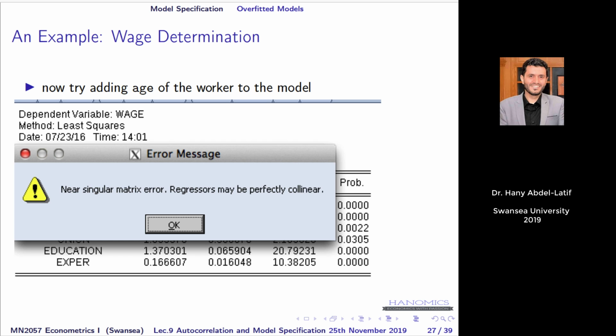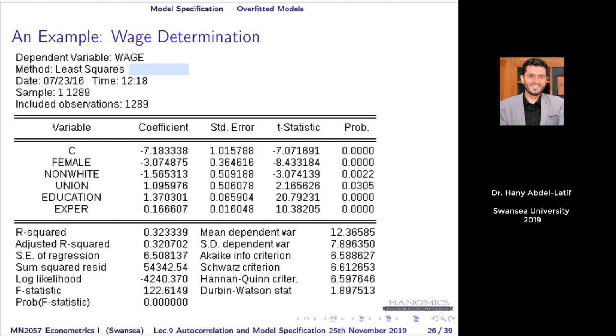Why? Because I added age. Which variable in this estimation is likely to be perfectly correlated with age? Experience. There might be some correlation, yes, but it's not going to be perfect.